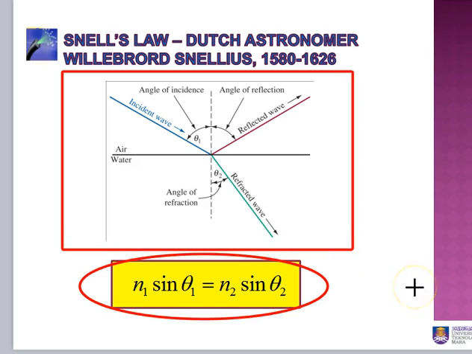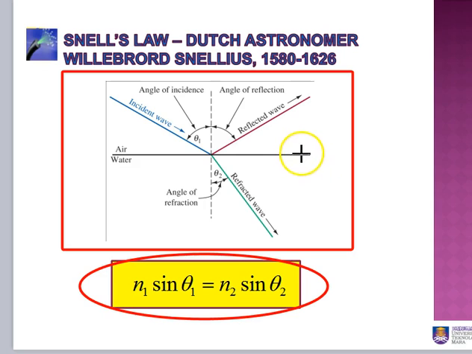N1 is representing the first medium, and for this case it is air. N2 is representing the second medium, which in this case is water.